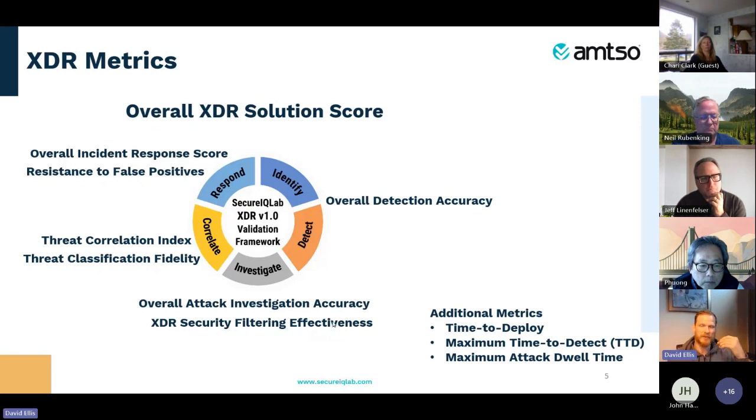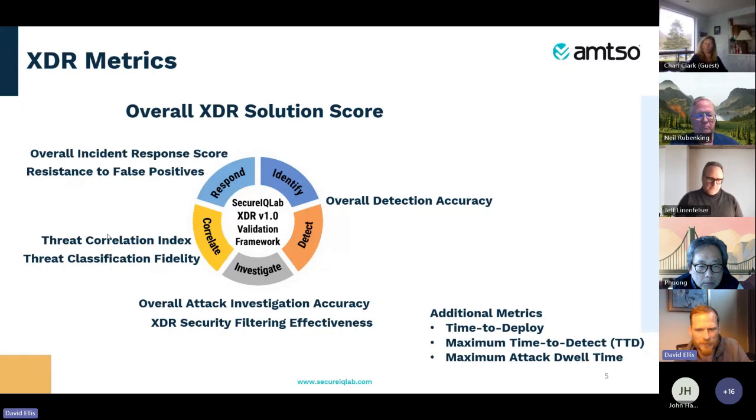Basically what that is saying is, if we've got millions of log events, how much can the solution distill all that activity into interesting events and then into actionable alerts? Threat correlation index and threat classification fidelity basically help us understand how these threats map to certain frameworks, such as MITRE or NIST. How accurate is that?